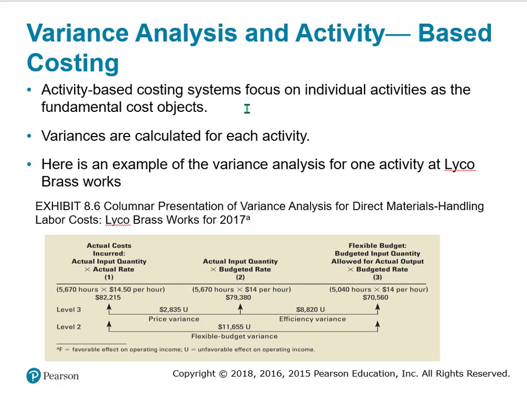That's the point of ABC costing, and variances are calculated for each activity. So here's an example of the variance analysis for one activity at Lyco Brassworks. Whether you want to call it an activity, a process, or a product, it doesn't matter. It's still the same formulas, just cut a different way.